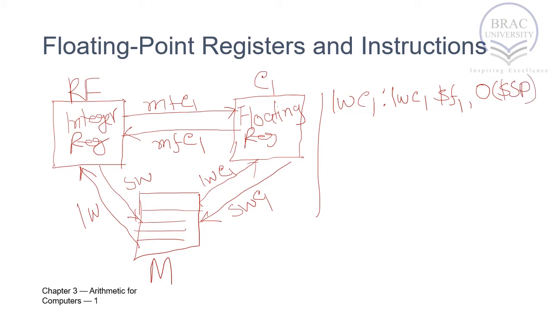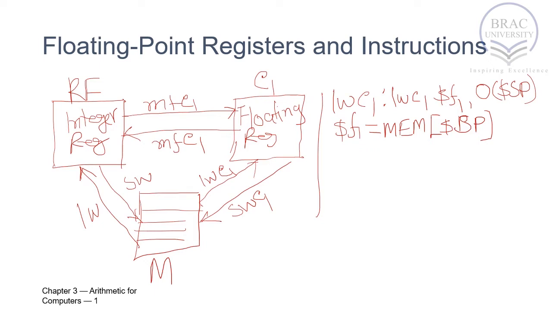What this does is load a word from memory to a single precision floating point register. That means register F1 will have a value coming from the memory location SP. So this is what this instruction means.